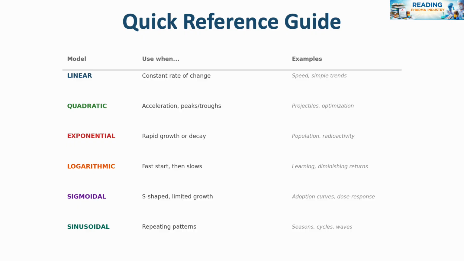Then you have logarithmic. Is there limited growth that you've noticed in your data? Then you should use sigmoidal. Did you notice a symmetric peak? Just go for Gaussian. And finally, if there is an oscillation in your data, then go for sinusoidal. So I suggest you keep this handy when deciding which model to try first.